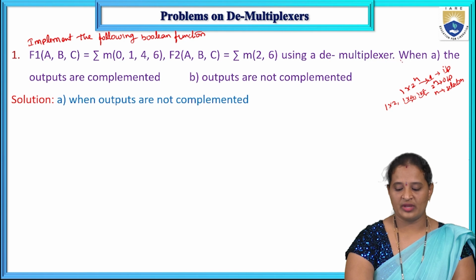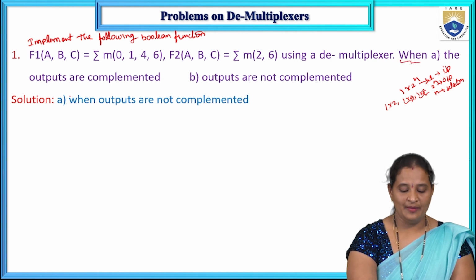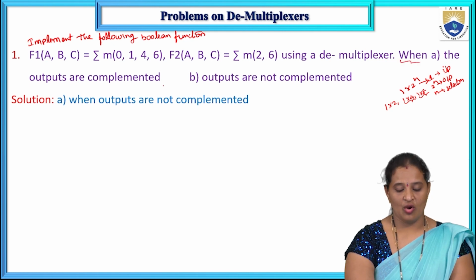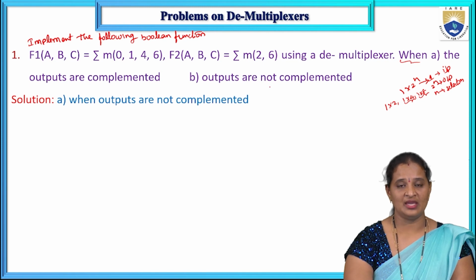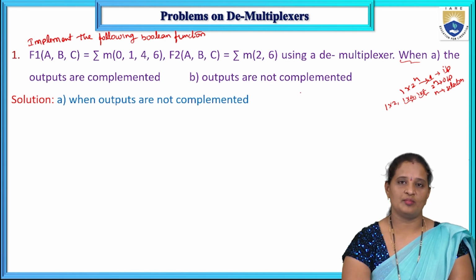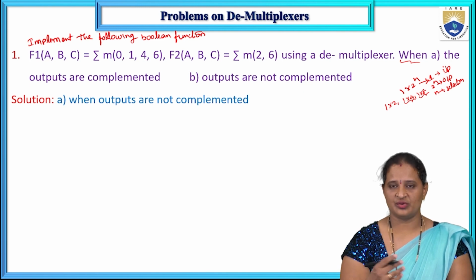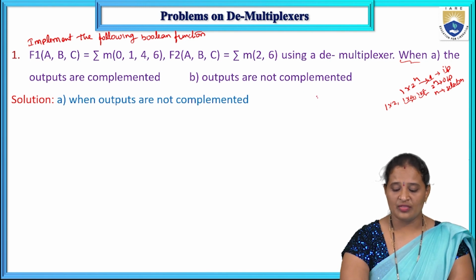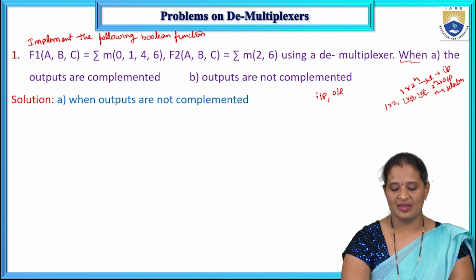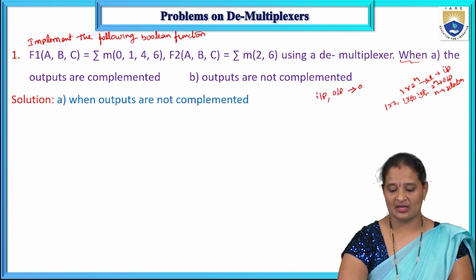Here we have two cases: one when the outputs are complemented, and the other when the outputs are not complemented. Whenever we have a combinational or sequential logic circuit, the inputs and outputs may be of two types: active high and active low.